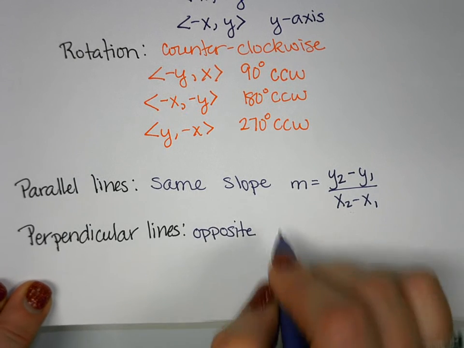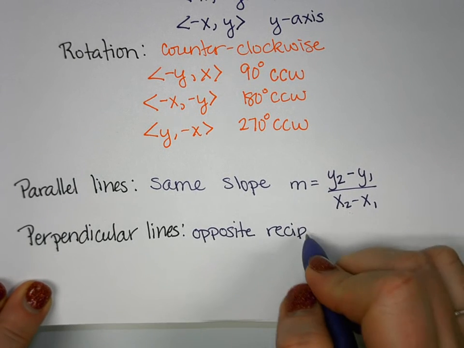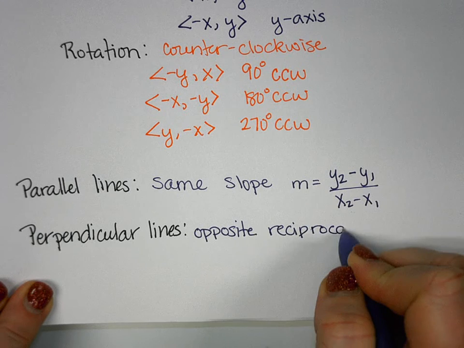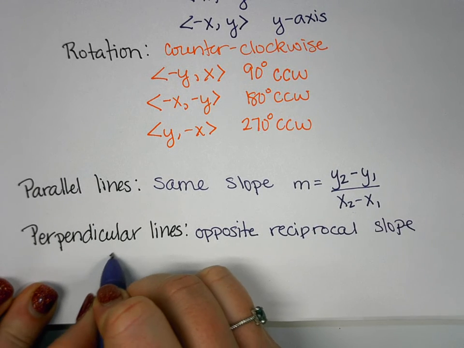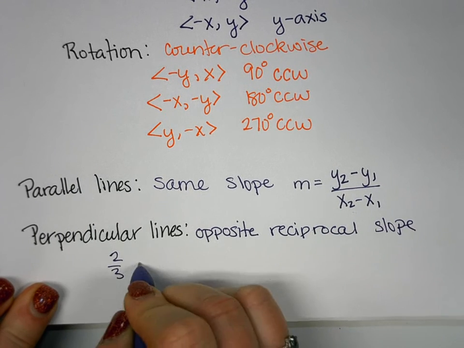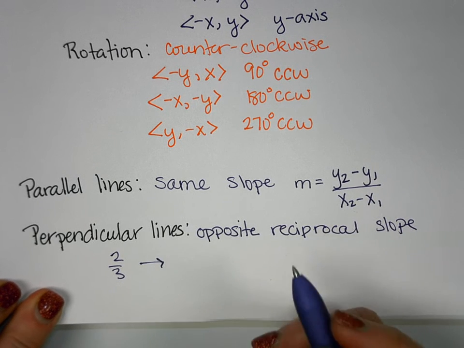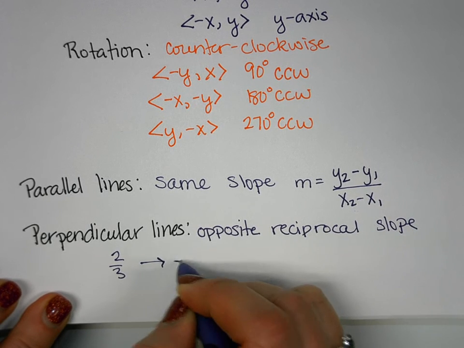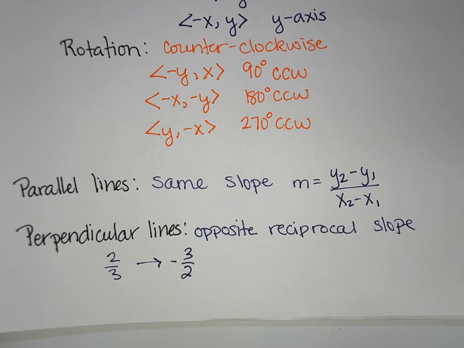Do you guys remember what reciprocal is? The flipped fraction. So if we had a slope that was 2/3, the perpendicular line would have a slope of negative 3/2. So being able to recognize opposite reciprocal slopes.